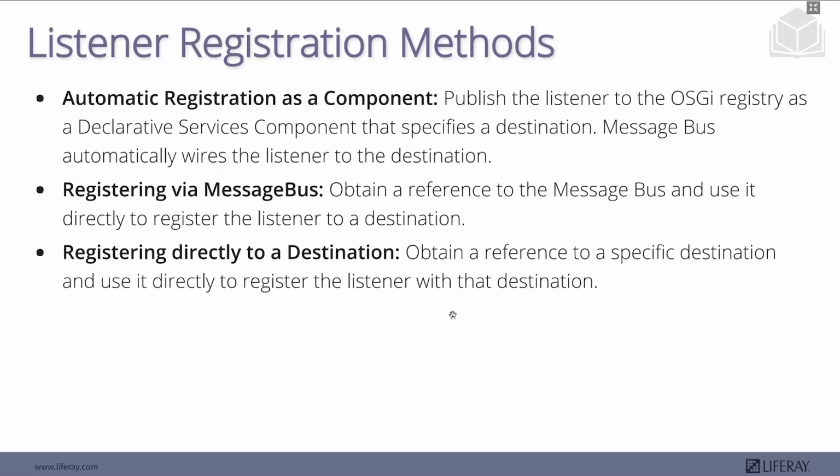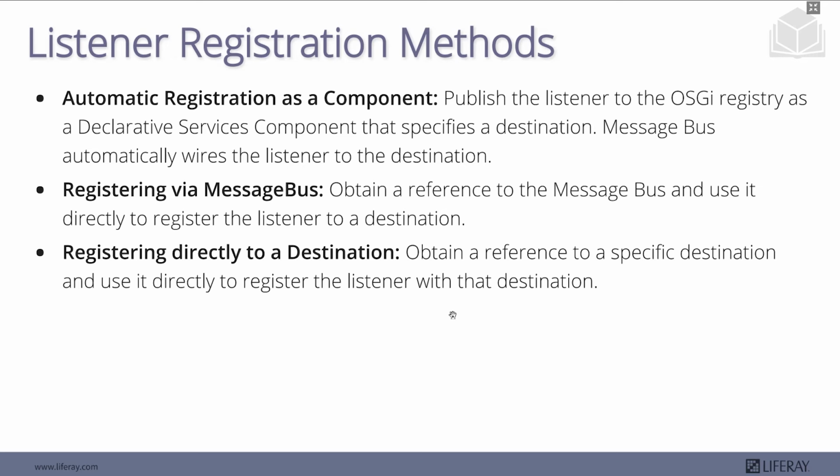Listeners. So we hit destinations, we hit senders. Now at the destination, we're going to have a listener just listening. When we're creating these listeners, we need to register which destination the listener is going to be at. And so when we're doing this, we have three different ways. We can do it within the component annotation, just basically as a property set which specific listener we're listening for.